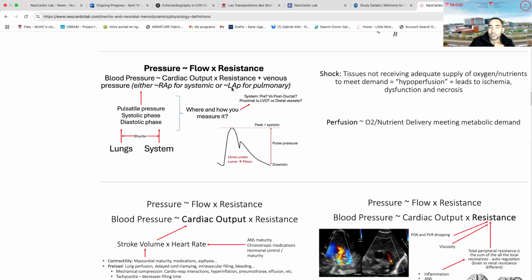So sometimes we have a situation where there is significant MR or TR on the RV side, and you see that the RV is contracting very well, it might not mean that this RV is generating sufficient forward flow. Maybe it's actually contracting very well because it's contracting against absolutely no afterload.